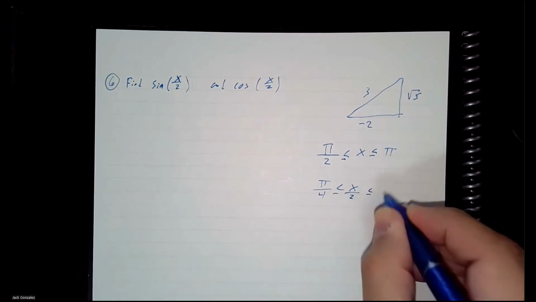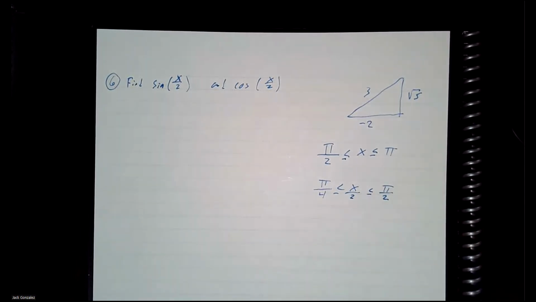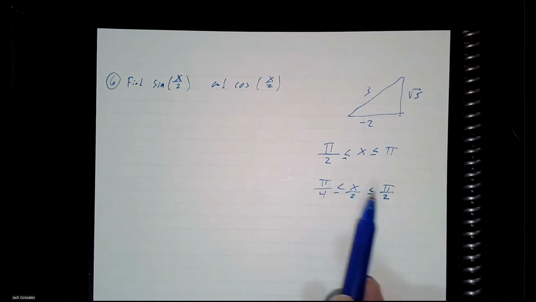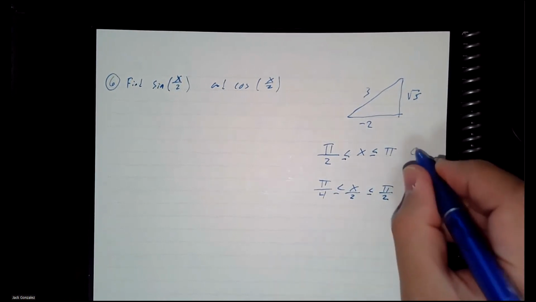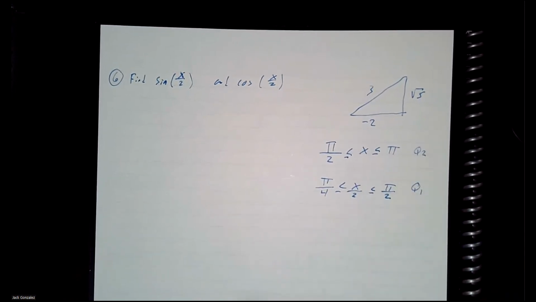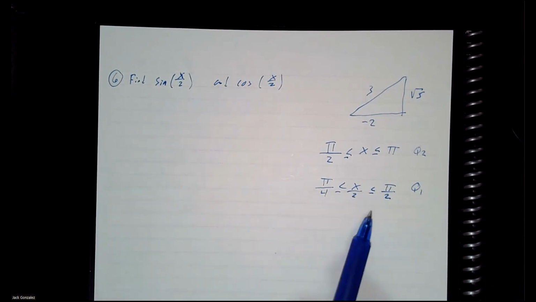Then you'll get the new period for the half angles. Okay. So now this is going from pi over 4 to pi over 2, which is quadrant 1. This was originally quadrant 2. Now we're in quadrant 1, which means your formulas for sine x over 2 and cosine x over 2 are going to be positive for both.